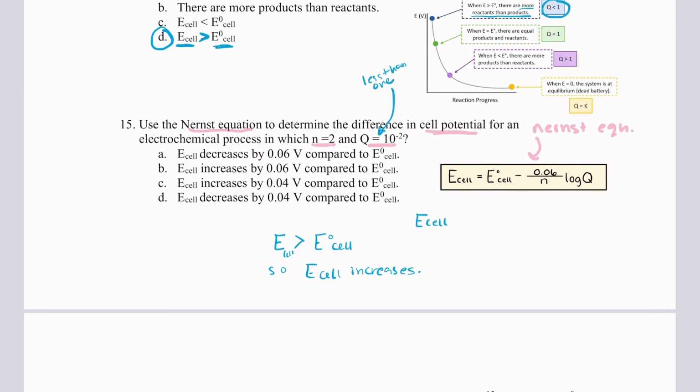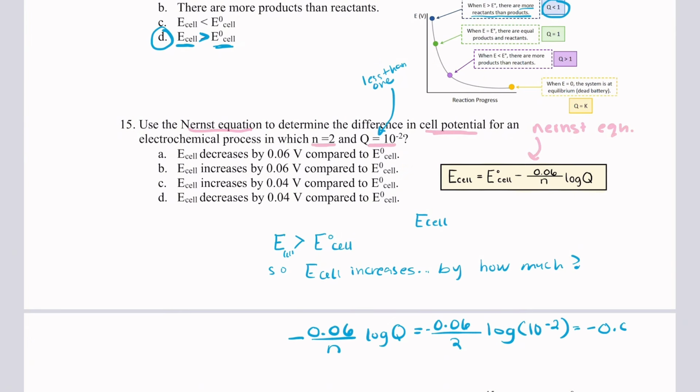The correction factor is 0.06 divided by N multiplied by the log of Q. Since N is 2, the base correction becomes 0.06 divided by 2, which is 0.03 volts. The log of 10 to the minus 2 is negative 2. Multiplying 0.03 by negative 2 gives negative 0.06.